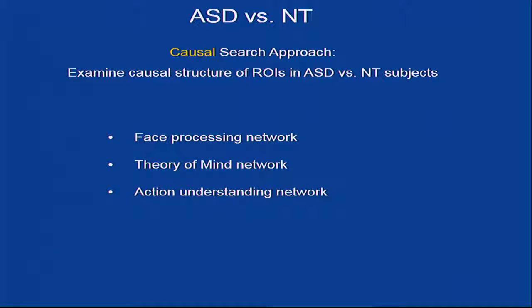So instead, this group at Rutgers took an approach where they gave subjects 3 tasks: face processing, theory of mind, and action understanding. And then they actually tried to infer the causal structure of the network among these regions of interest for each of the tasks. And then compared how your brain was processing if you were a neurotypical, and how your brain was processing if you were an autistic spectrum subject.